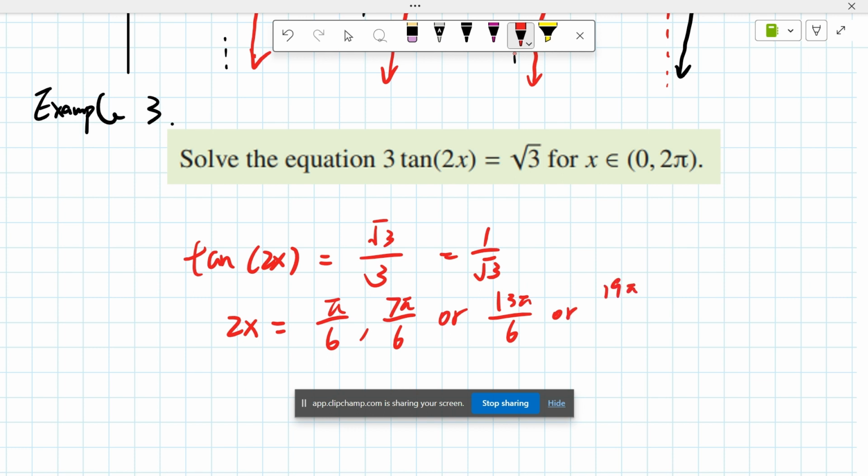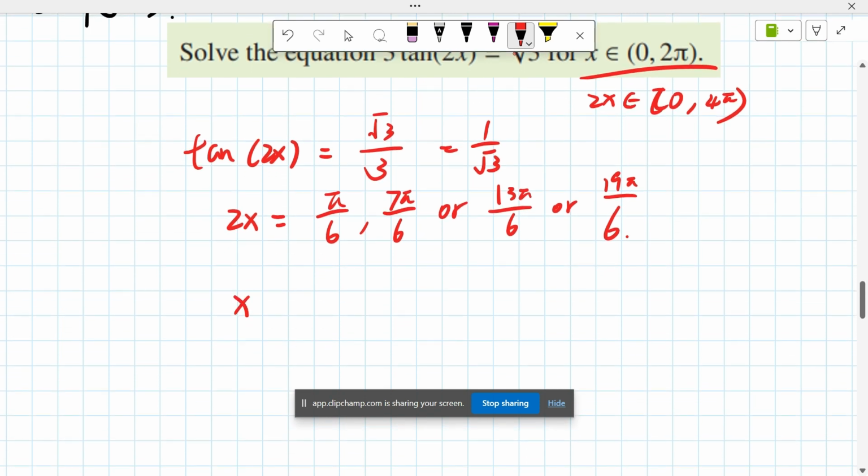Or 19 pi on 6, okay? Because 2x is between 0 and 4 pi, x equals pi on 12, 7 pi on 12, 13 pi on 12, and 19 pi on 12. There you go. It's pretty quick to solve these kinds of questions.